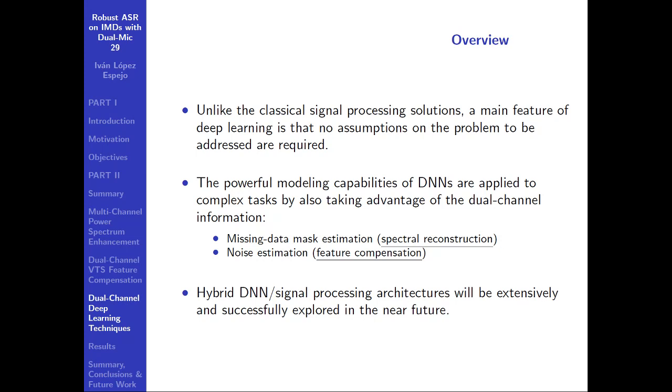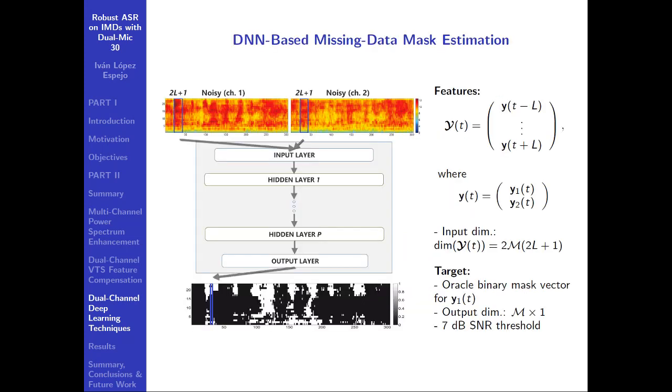These can be considered as hybrid deep neural network signal processing architectures, which will be extensively and successfully explored in the near future. I remind that in our dual channel configuration, the primary microphone and the secondary microphone observe similar noise power spectral densities, and the speech is more attenuated at the secondary microphone with respect to the primary one.